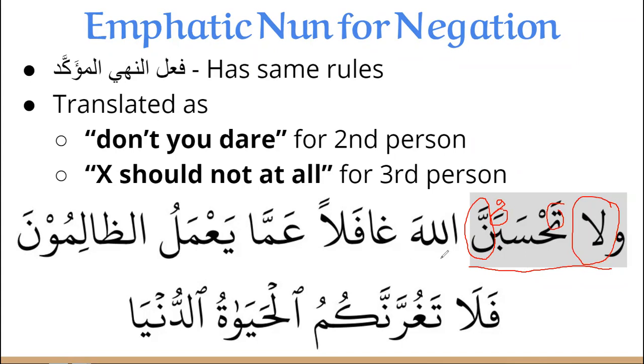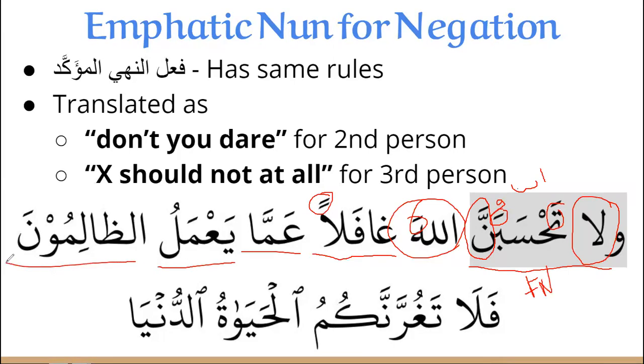Allah, it's nasab, right? So it's a nahi, and the doer is anta. Allah is the object, a maful. And ghafilan is another detail. Amma ya'lamu zalimuna: ya'lamu is huwa ya'lamu, right?